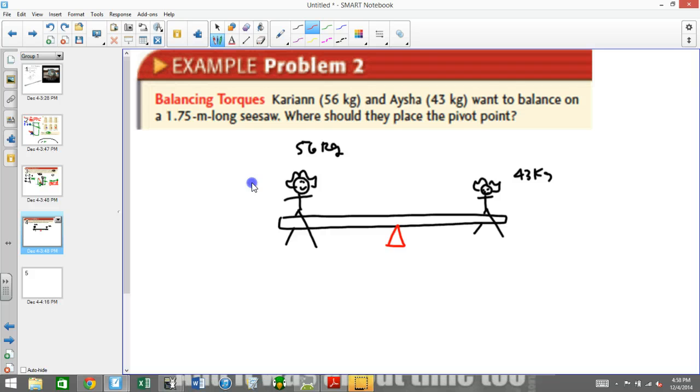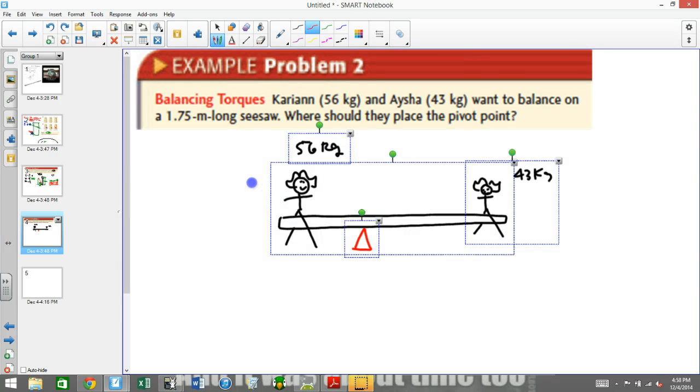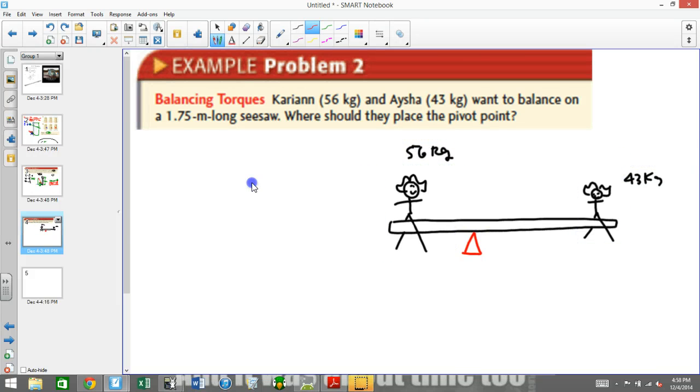Now I know kind of from common sense I'm going to probably put it next to her to make this thing work. Now this whole principle here works on what's called the balancing of torques. Equilibrium. It means that all forces balance.